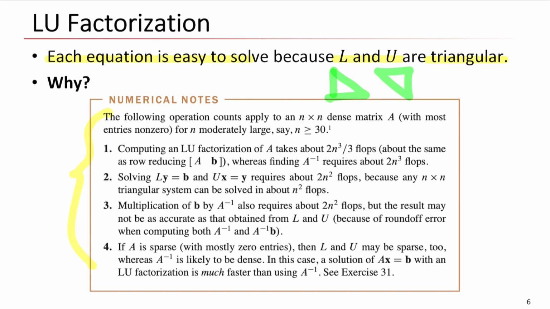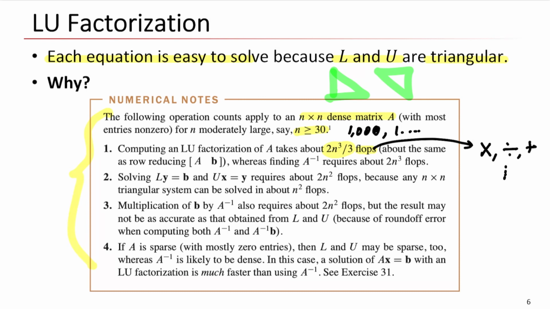Let's say there is an n by n matrix A, and n is moderately large, let's say n is larger than 13, or 1000, or 1 million, something like that. Then computing the LU factorization of A takes this many flops. Flops means floating point operations like multiplication, division, addition, something like that.